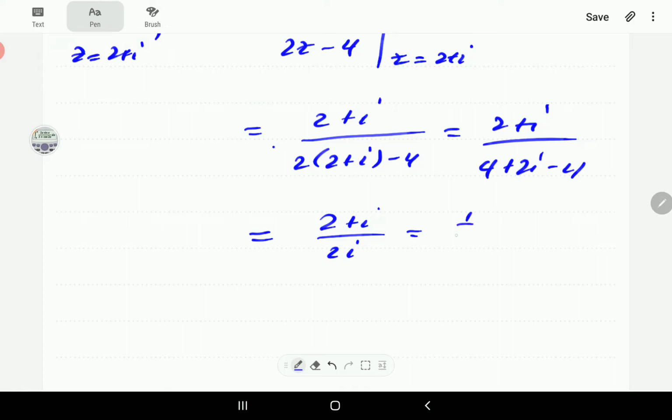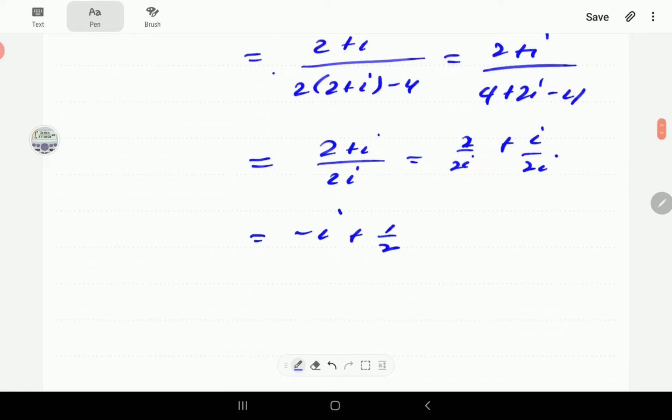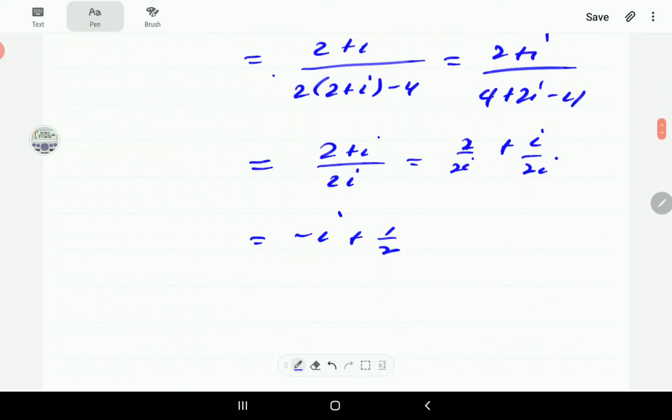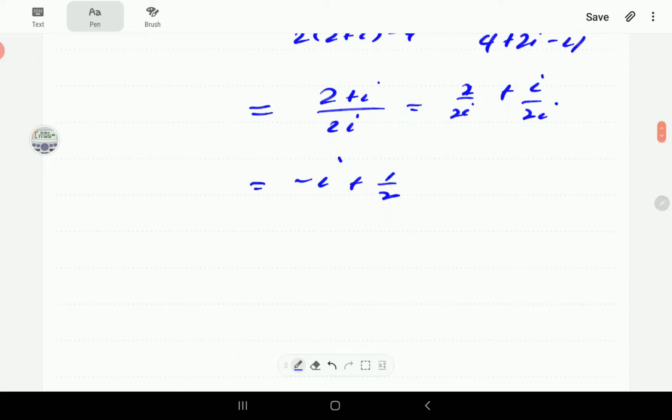So this is 2 over 2i plus i over 2i. The first one is just going to be minus i, because 1 over i is minus i. The second one is going to be 1/2. So that's going to be the residue at z equals 2 plus i.